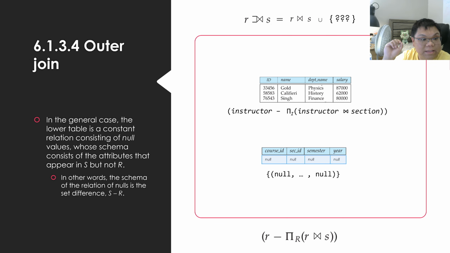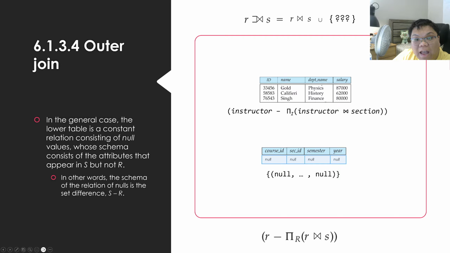In the general case, the lower table here, this table full of nulls, is a constant relation consisting of null values, and the schema of that is going to be the attributes that appear in S, but not R.